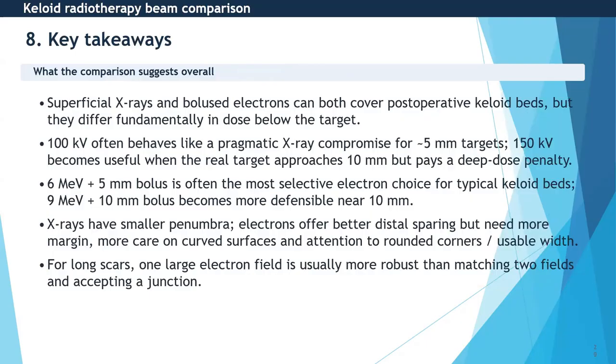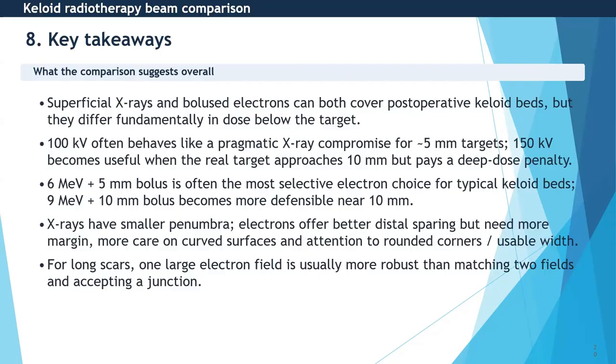So the key takeaways: superficial and bolus electron beams can both cover post-operative keloid beds, but they're fundamentally different in dose below the target. 100 kV behaves like a pragmatic compromise for targets up to about 5 millimeters deep. 150 kV becomes useful when the real target approaches 10 millimeters, but it pays a price.